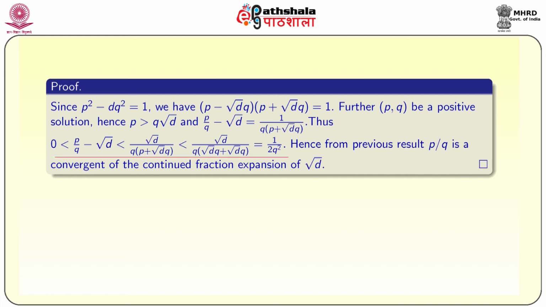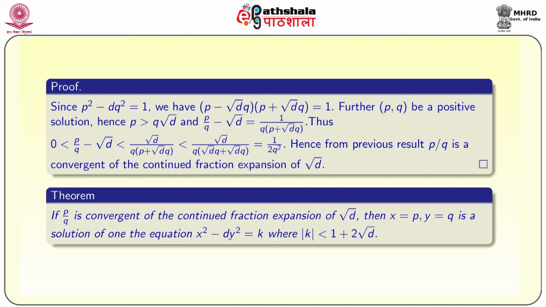Thus, 0 is less than p by q minus root d, which is less than root d by q times p plus root d into q, which is less than root d by q into root d q plus root d into q, which is equal to 1 by 2 q square. Hence, from the previous result, p by q is a convergent of the continued fraction expansion of root d.